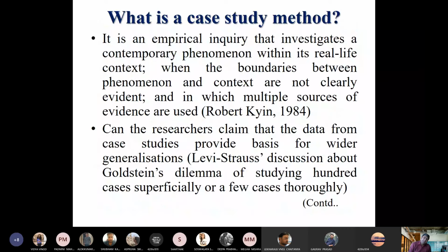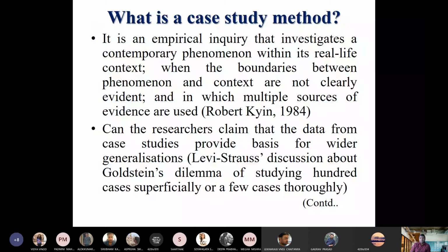Then what exactly is the case study method? We keep on discussing the genesis of the case study method and its relevance, but it is highly essential to know the definition of this terminology, case study method.